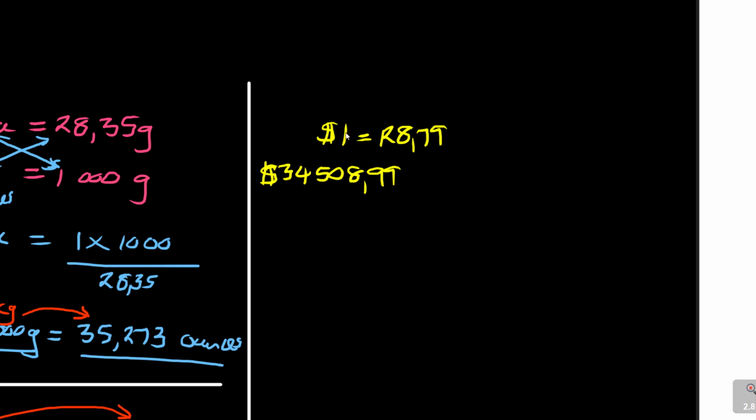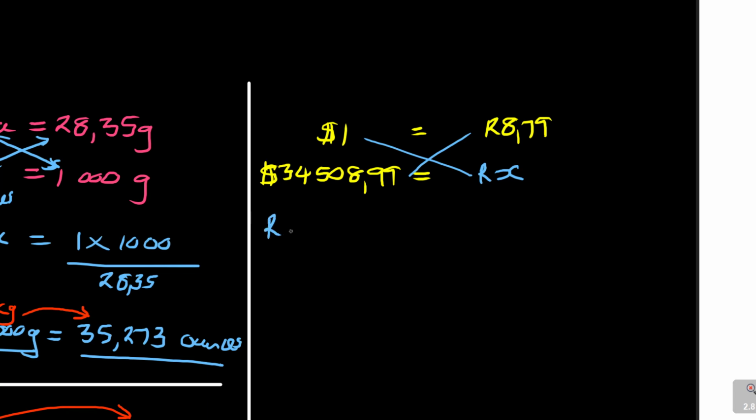Let me give this more space, like this. This is the rand value. $1 is that many rand, so what about 34,508.99 dollars? It is X, the rand value. You cross multiply: $1 times X.